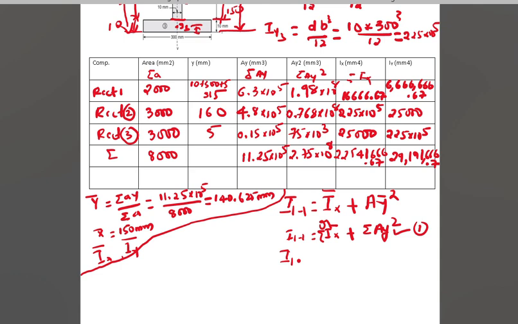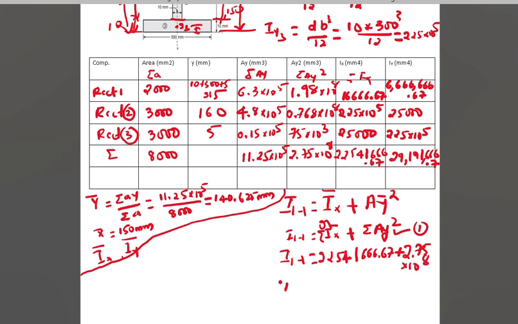So here I11 is equal to summation of Ix. What is the value of summation of Ix? Summation of Ix is 22541666.67 plus summation of Ay square, that is 2.75 into 10 to the power of 8.